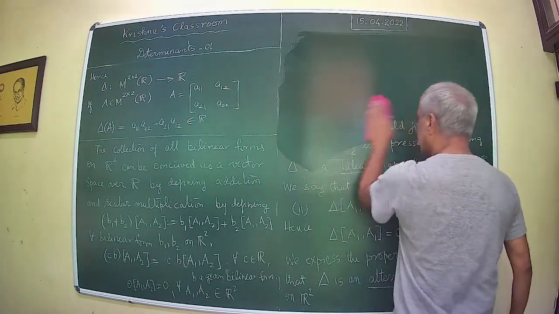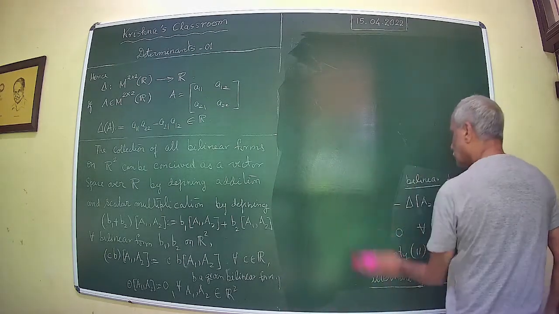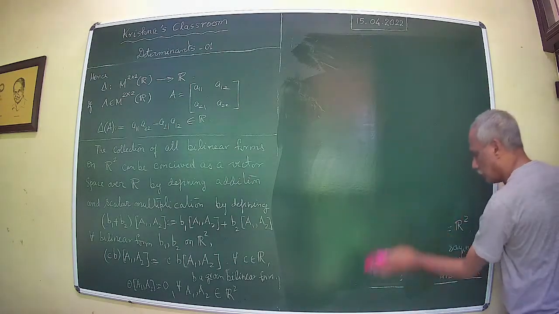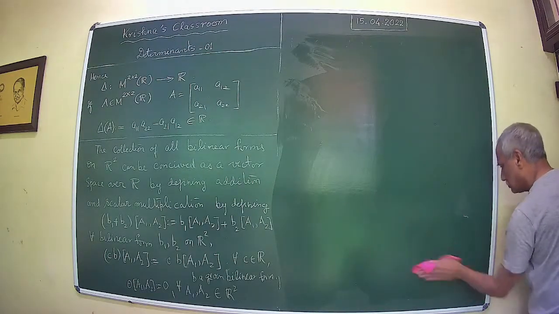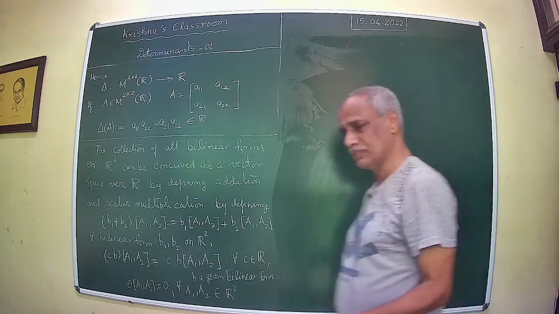But you should understand this concept very clearly. So we have defined what a bilinear form is on R2. And a special case is this.